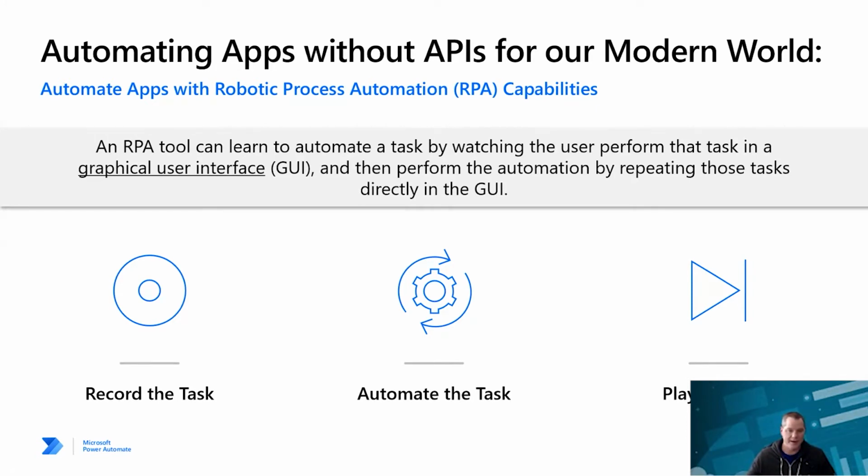Instead of having that hard-coded text, we can use input parameters or variables that allow us to have this generic RPA script, that when we provide inputs into it, those values get substituted for the hard-coded values that we used when we recorded that specific scenario. And so this allows us to play back the task over and over again while having some dynamic inputs.